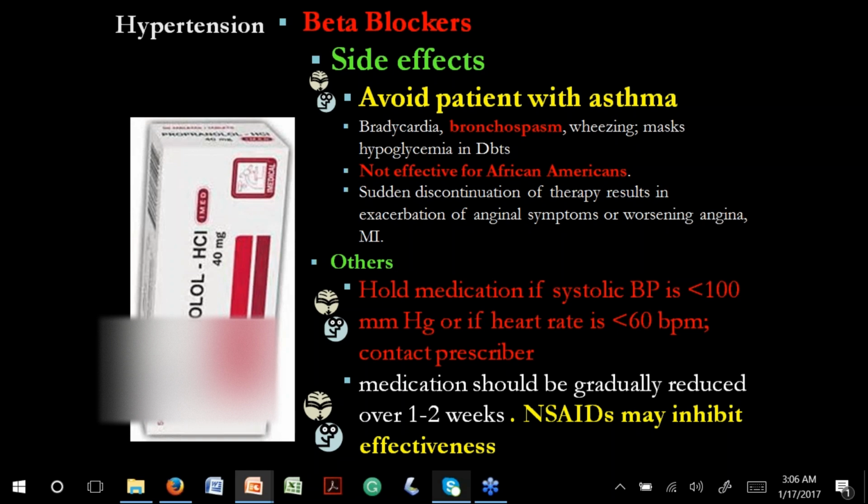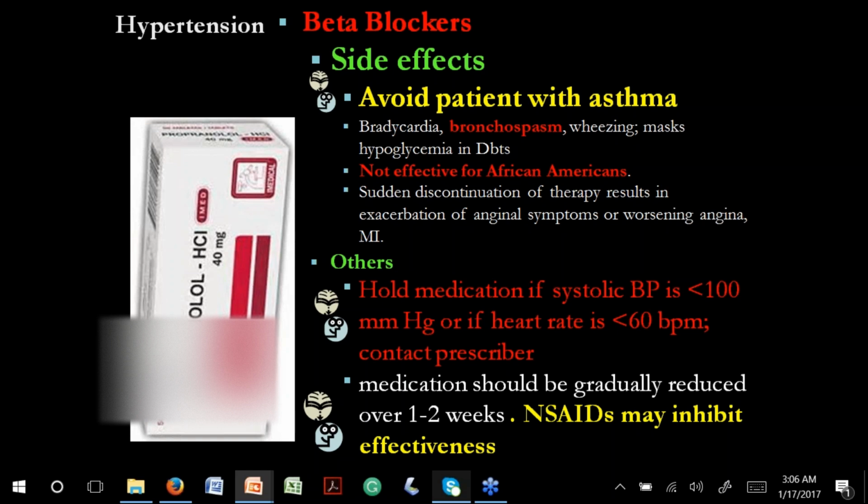So you never give it to a patient who has asthma, because that can produce bronchospasm. How can you check bronchospasm? With wheezing. Wheezing is the narrowing of the bronchial tubes, which produces a whistling sound, right? Again, we have ACE inhibitors and ARBs, which are not effective for the African American population.